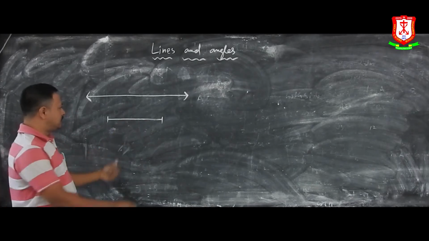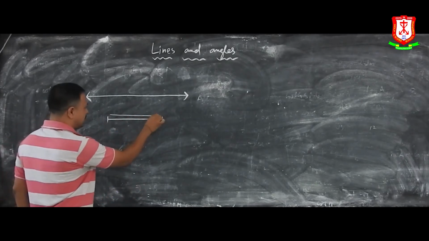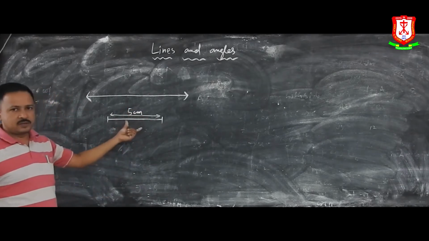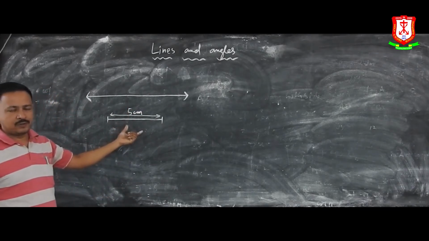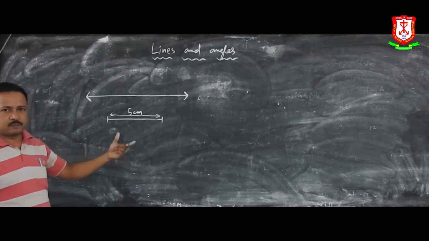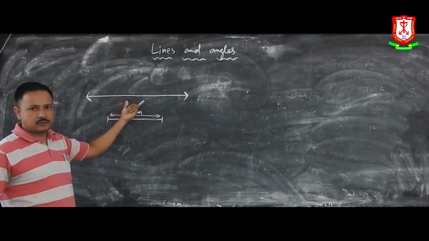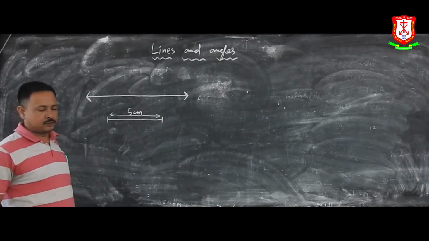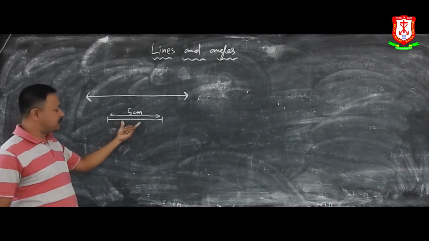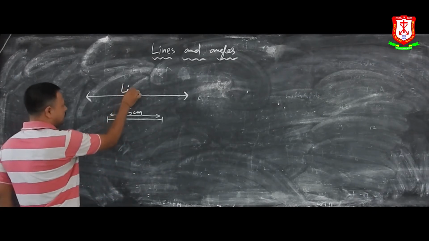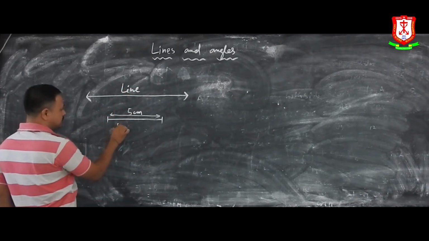So this one has a fixed length, say 5 centimeter. Since it has a fixed length, that's why it is a line segment. A line segment has a fixed length, but a line has no fixed length. So this one is called a line, and this one is a line segment.